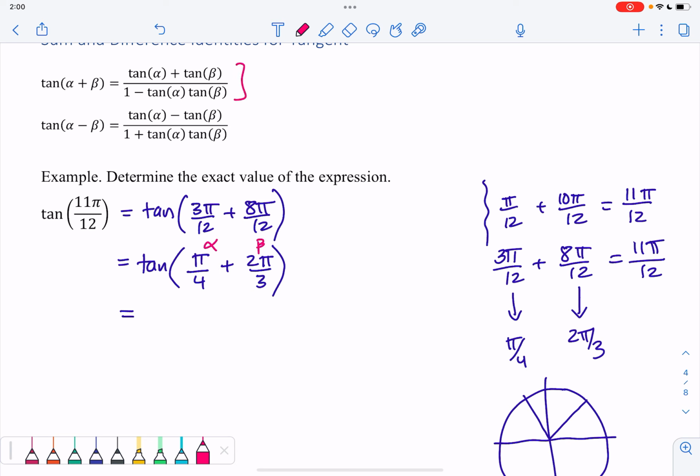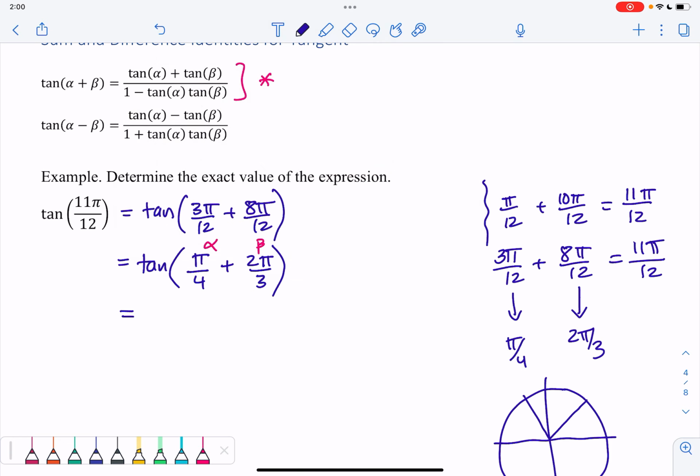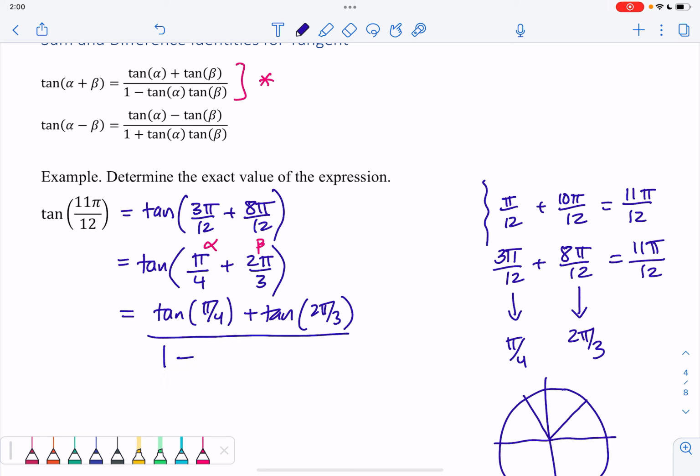And then we're going to use the right side expression in this equation to write this out in terms of tangent of just alpha and tangent of just beta. So I'm going to have tangent of pi over 4 plus tangent of 2 pi over 3, all over 1 minus tangent of pi over 4 tangent of 2 pi over 3.